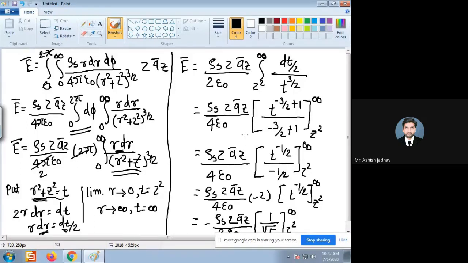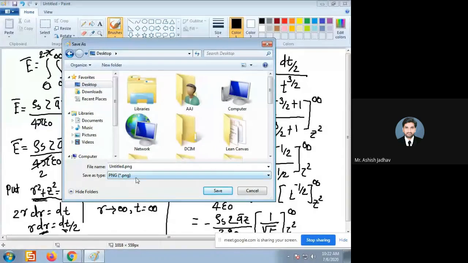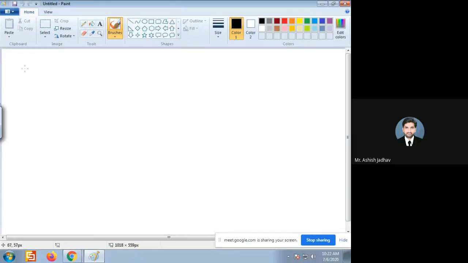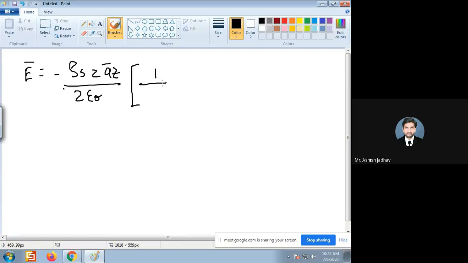Now next to solve this, E bar is equal to minus rho s z a bar z upon 2 epsilon naught into 1 upon under root t. At infinity, 1 upon under root infinity is equal to 0, and at the lower limit, since it is t, 1 upon under root t gives 1 upon z.